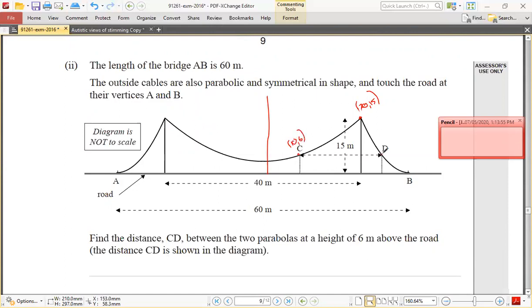So what do we know about that point? It's the same, but further away. It's 6 meters high. Yep, so 6 meters high.